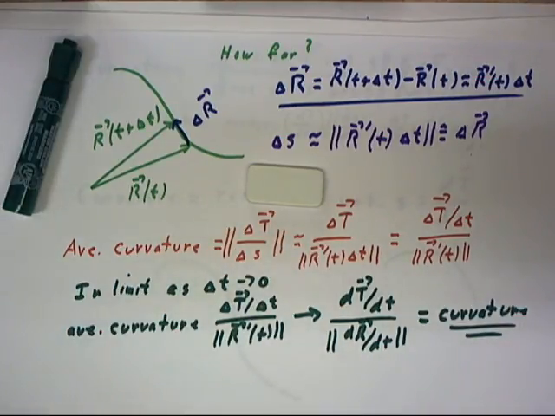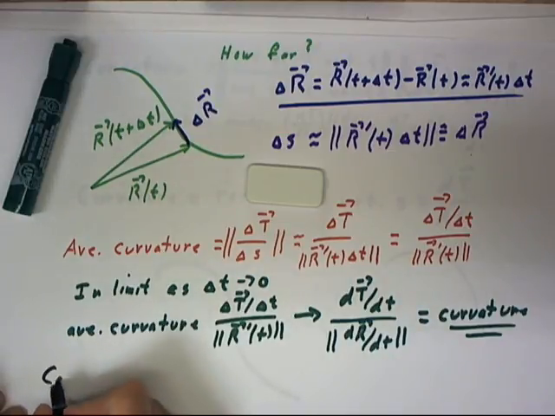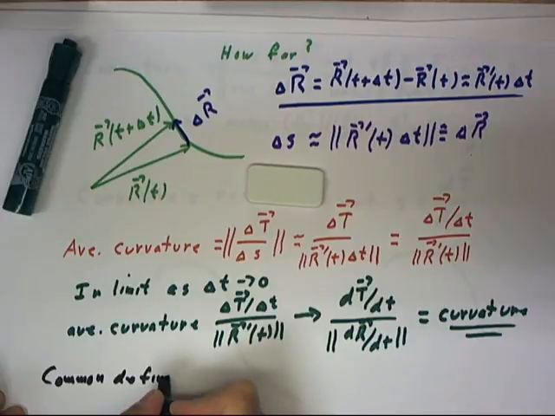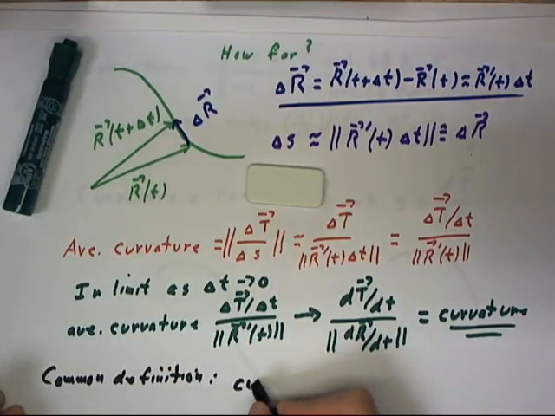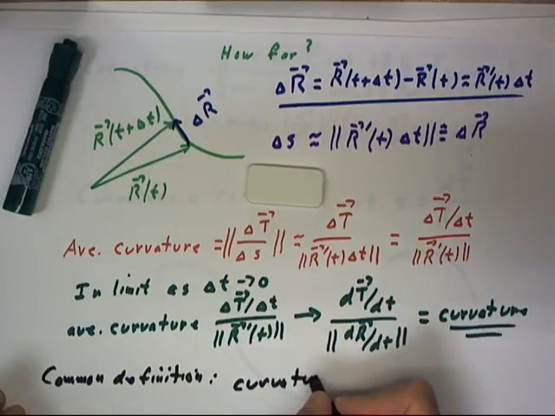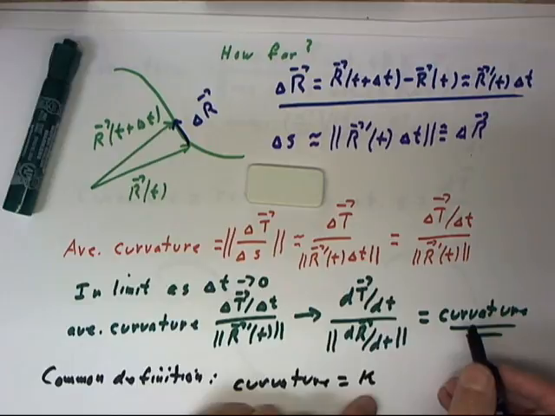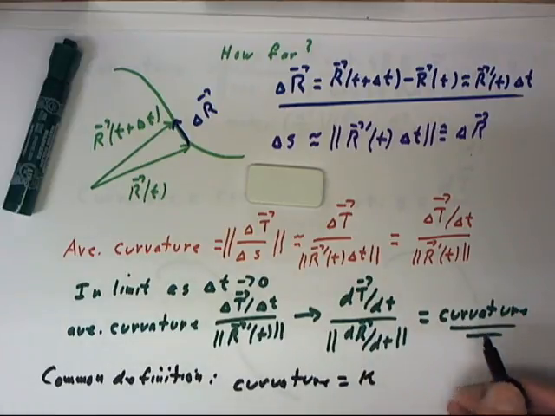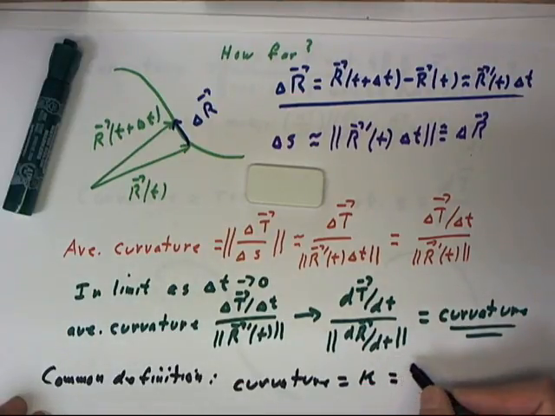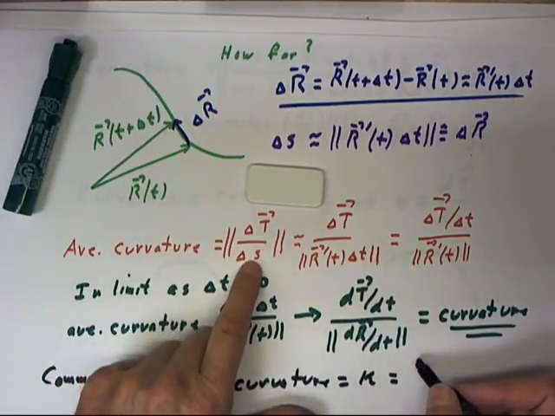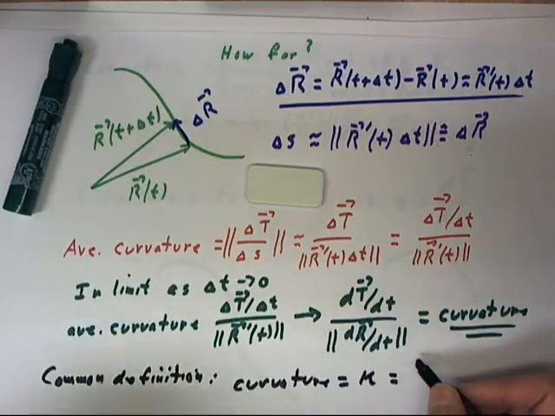Now, our common definition of curvature, and that's often designated by the lowercase Greek letter kappa, is nothing but the limit that we get if we use this expression.